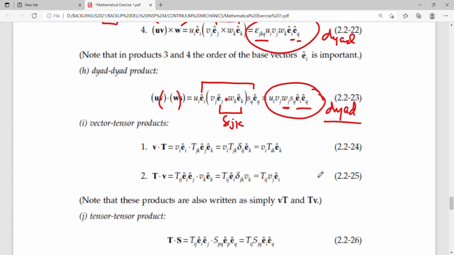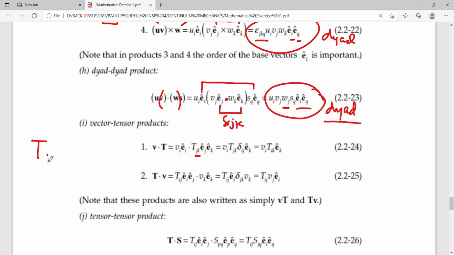Okay, for letter i, the vector and tensor product, you just do the same. Of course, if this is already a tensor, then your subscript must be j k. Free indices must be 2. So t_jk e_j e_k. When you define a tensor in only one variable, any such tensor must have two indices.